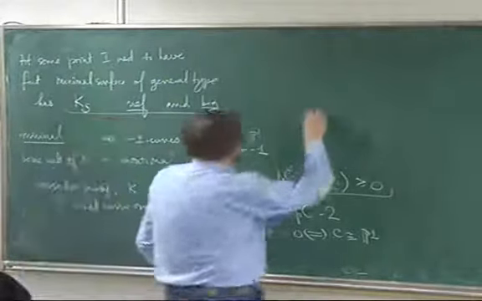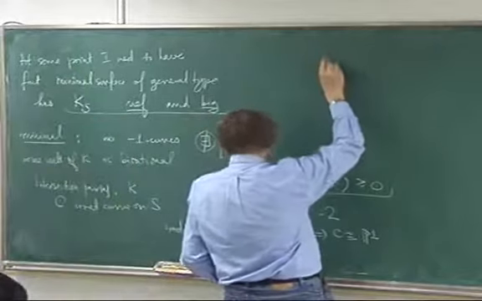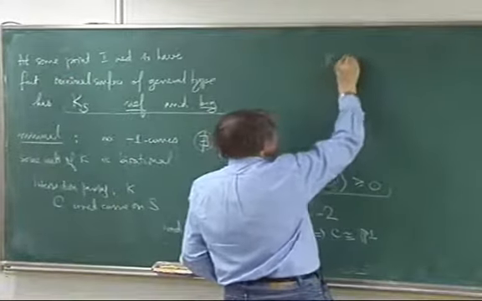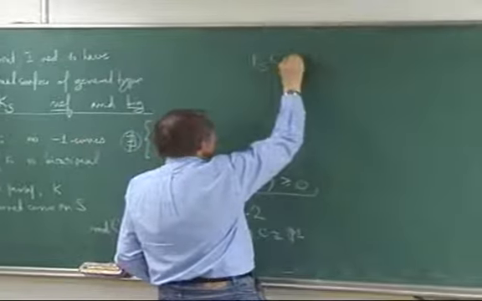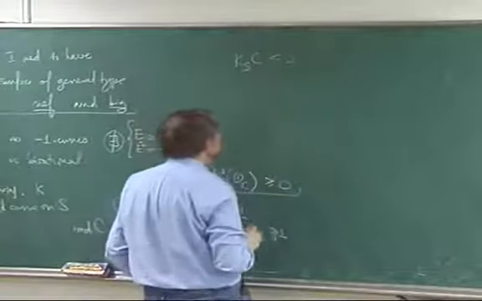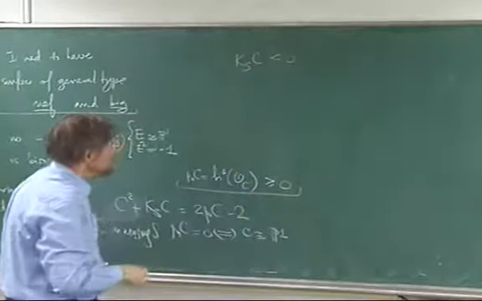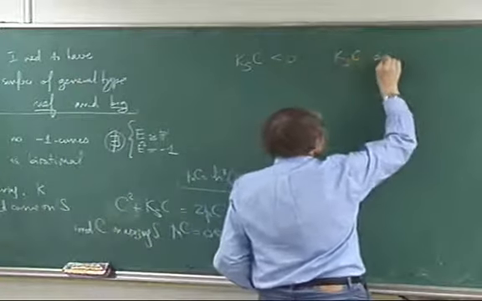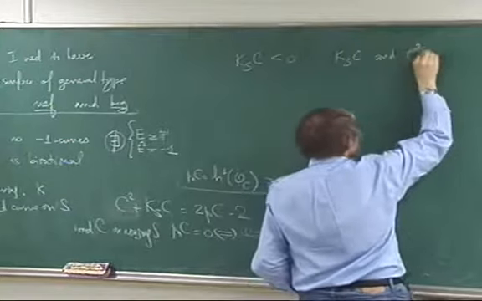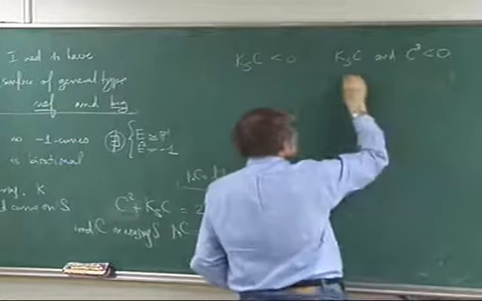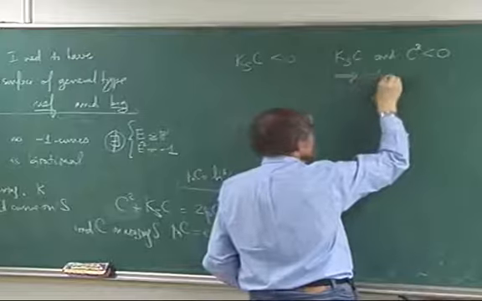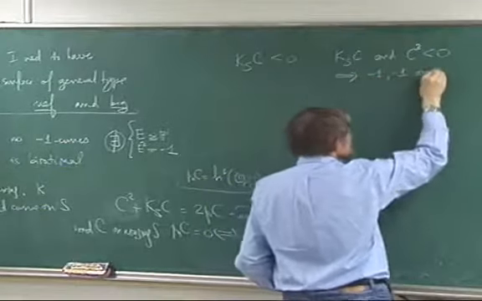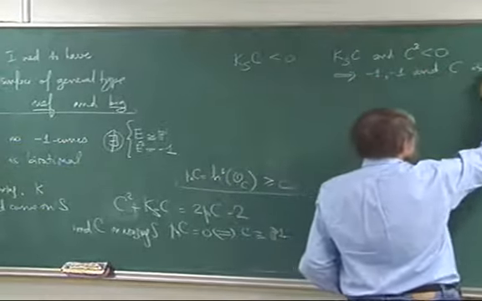Okay, so let's think about the possibilities. What happens if Ks times C is negative? Right, so Ks times C is negative and C squared is negative. This certainly implies that they're both -1, and C is a -1 curve.